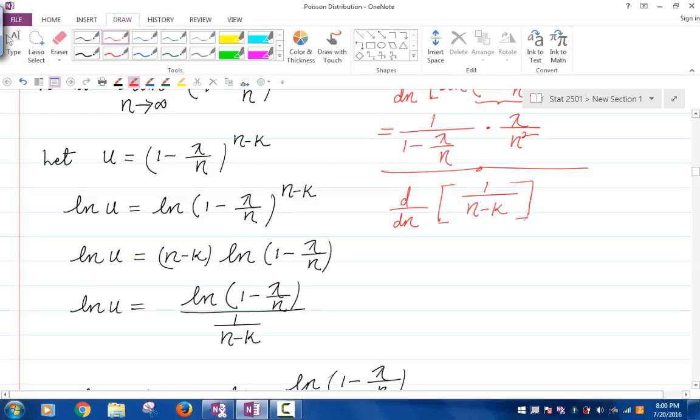Again by the power rule, this is n minus k to the negative 1.